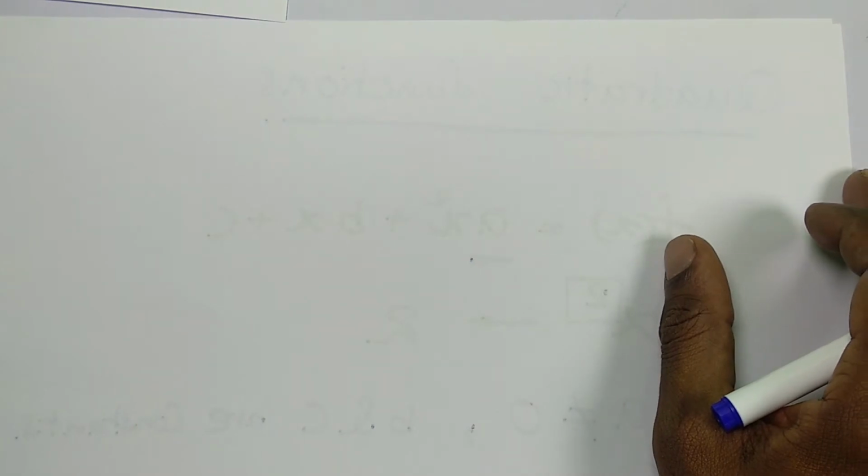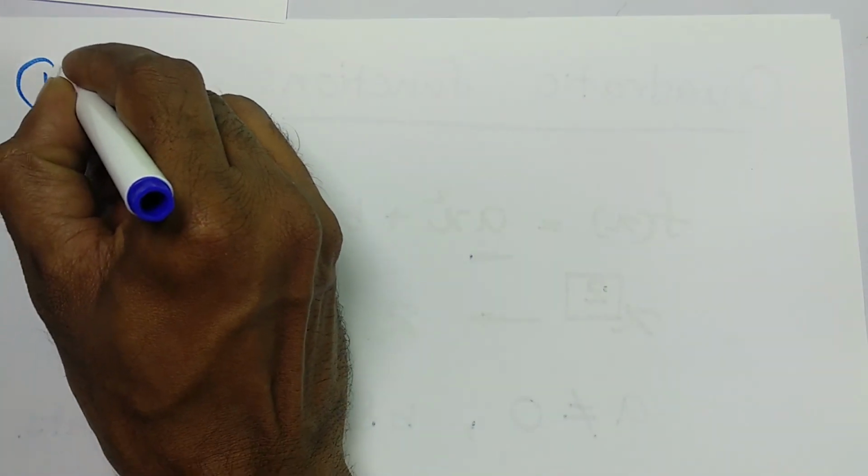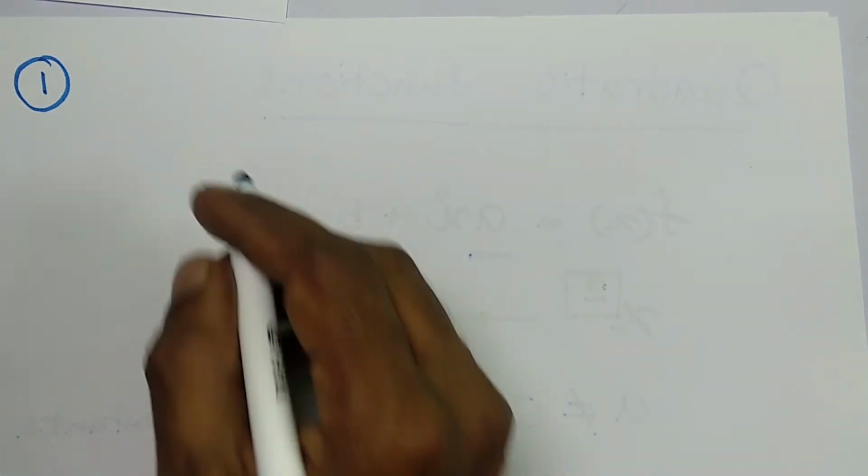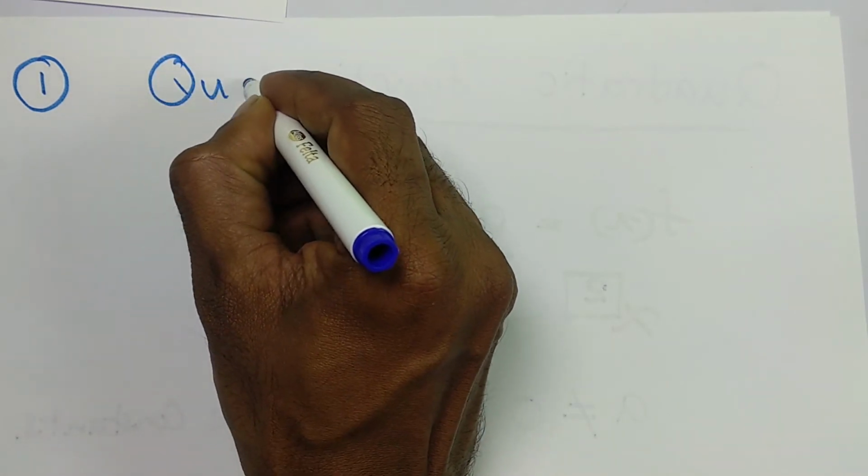The first way to find the roots of a quadratic function is to use the equation known as the quadratic formula.